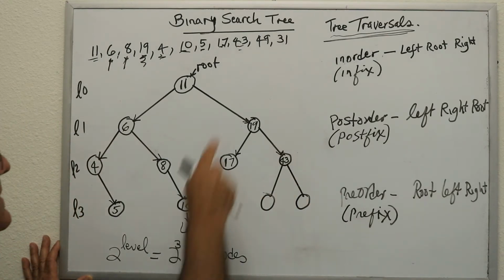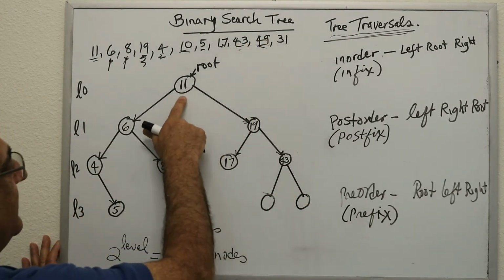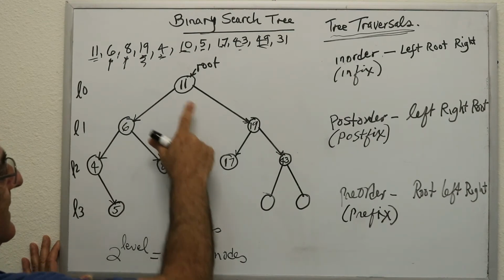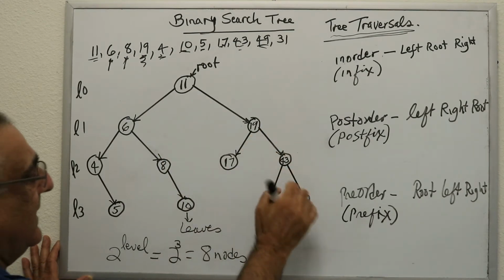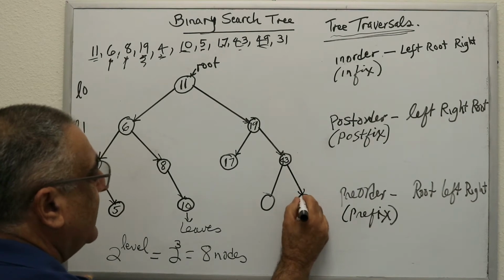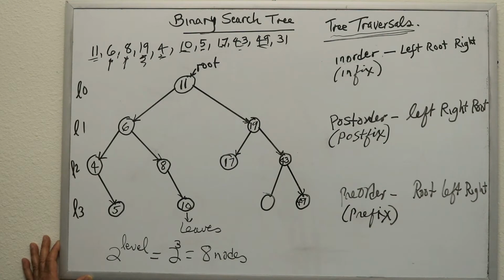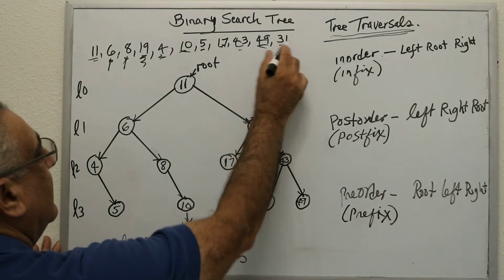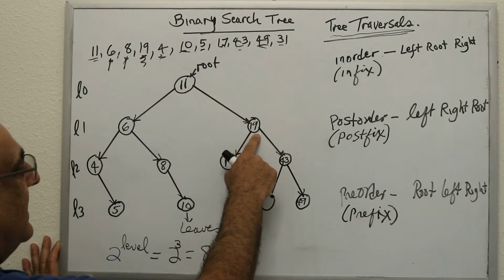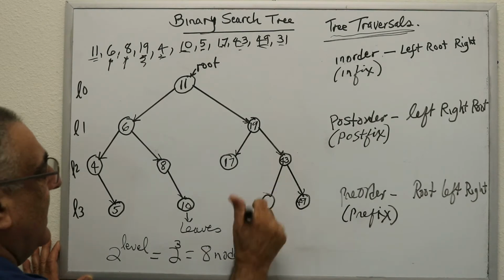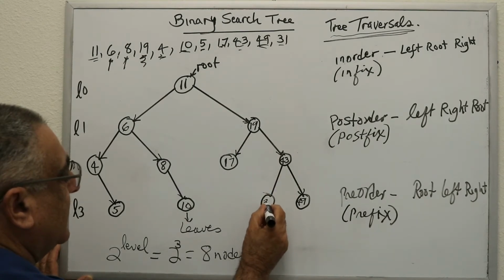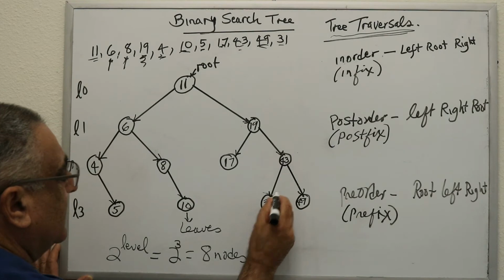Now if I pick 49, it is greater than 11, greater than 19, greater than 43. So 49 goes to the right of 43. 31 is greater than 11, greater than 19, less than 43. So 31 goes to the left.